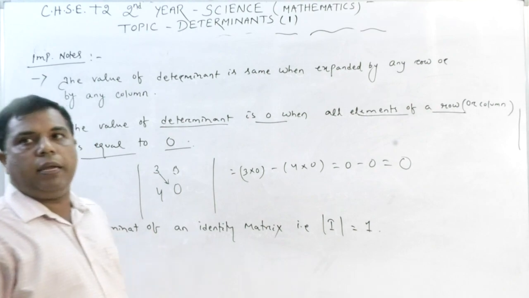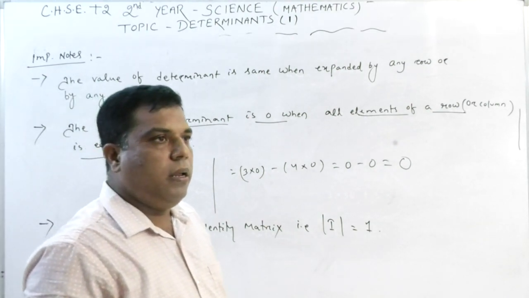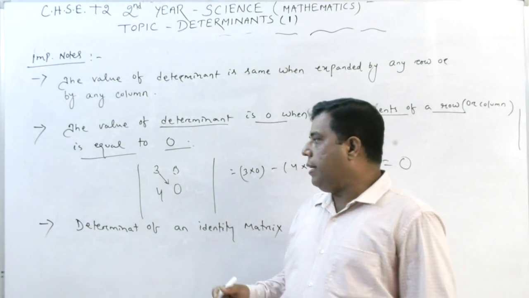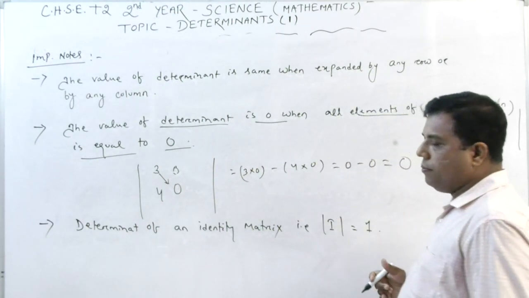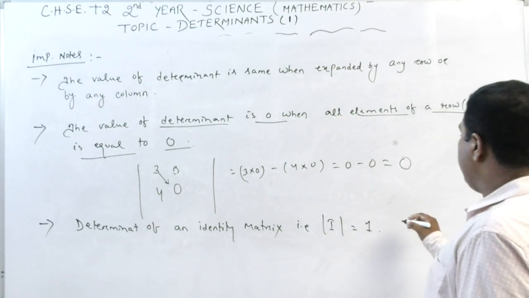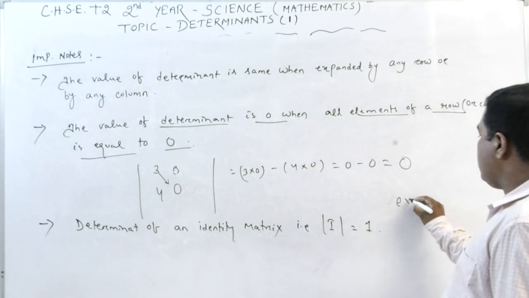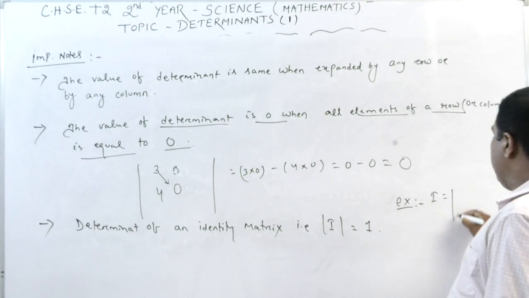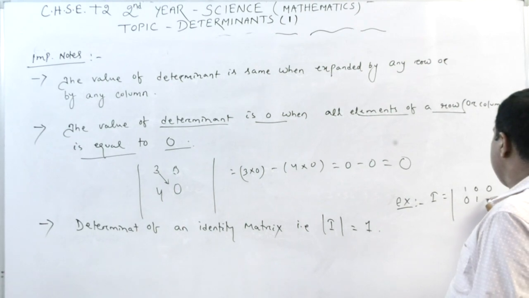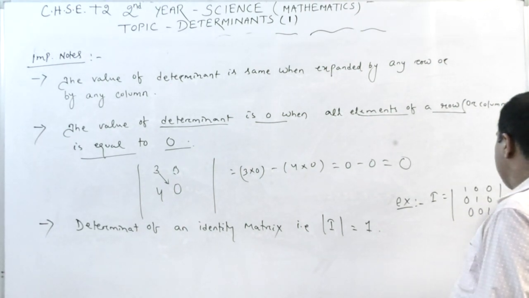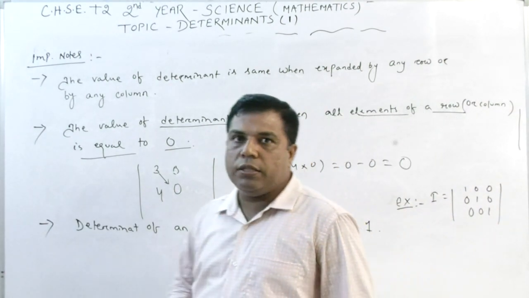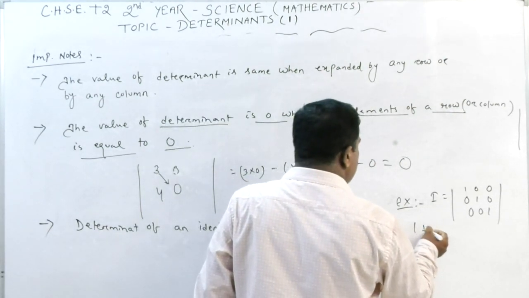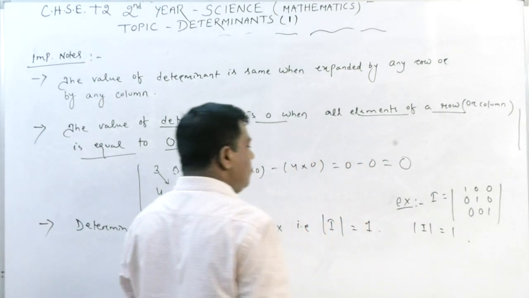So whatever identity matrix it may be, its determinant value is always equal to 1. For example, if I take an identity matrix of third order, and it is equal to this one, you can see what is the value of this determinant. You see, its determinant value is equal to 1.